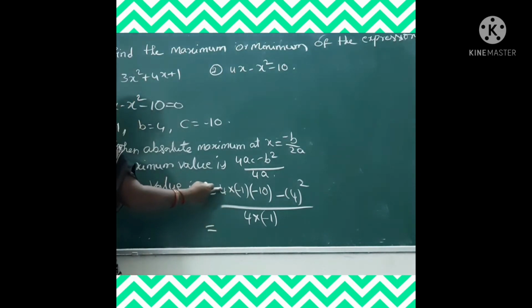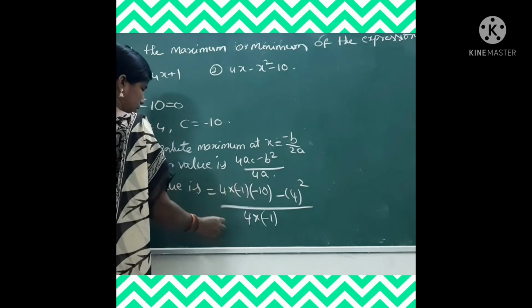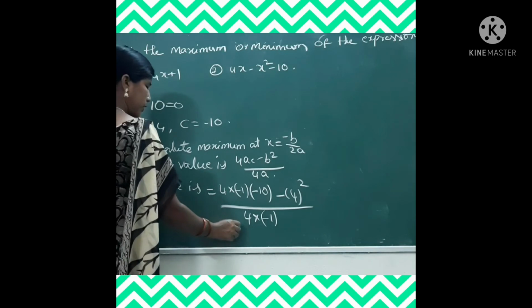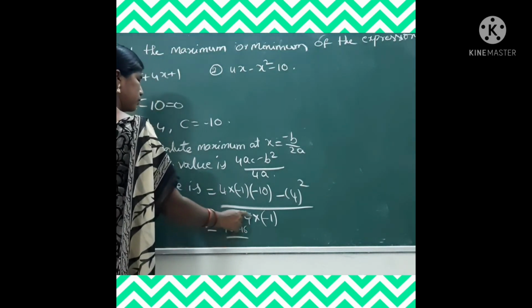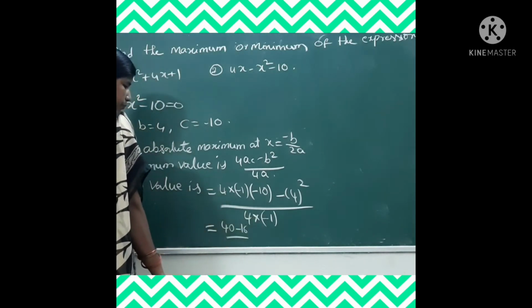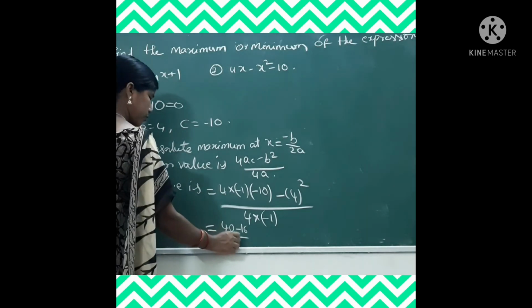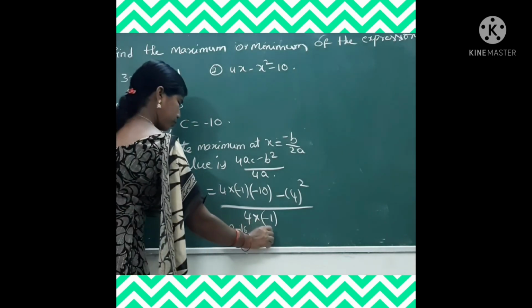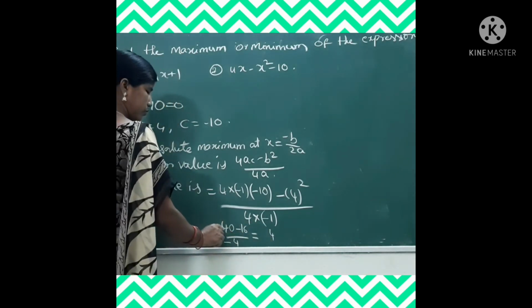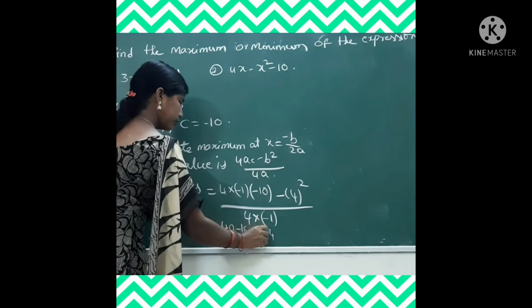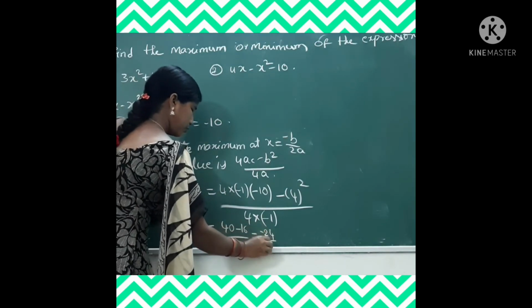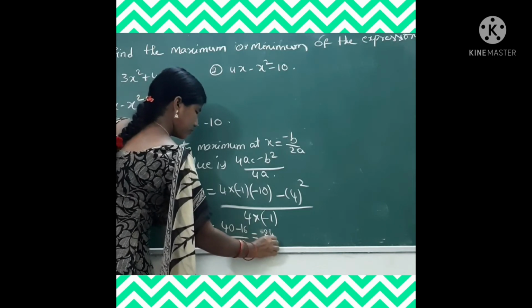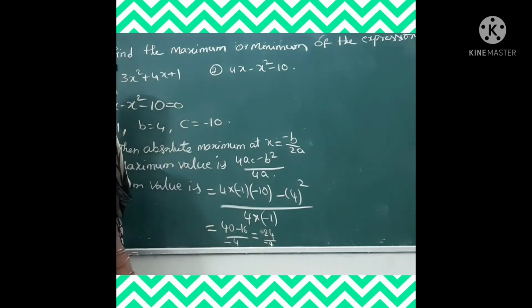4 into minus 1 into minus 10 is plus 40, minus 16, by 4 into minus 1, minus 4. We get 40 minus 16, that is 24, by minus 4.